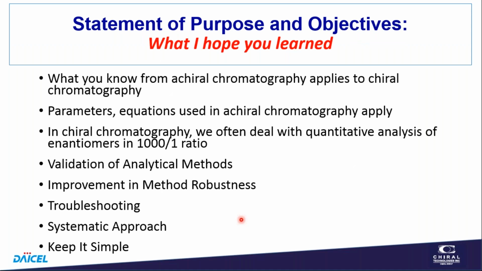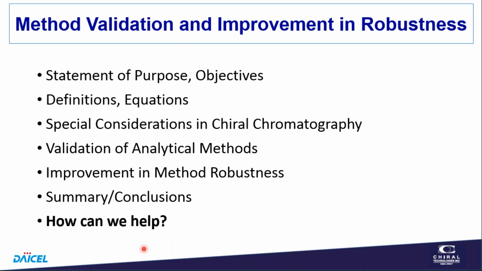Fewer things can go wrong. So in effect, what I hope you learned here is that what you know about achiral chromatography applies to chiral chromatography. Much of what I showed you could have been an achiral talk. Talked about validation, which is very similar. Method robustness, importance of troubleshooting, a systematic approach versus a random walk, and the idea of keeping the separations simple.